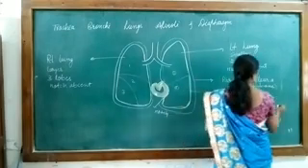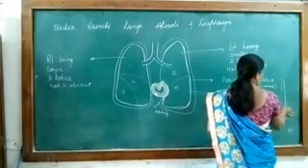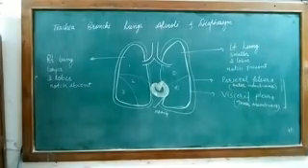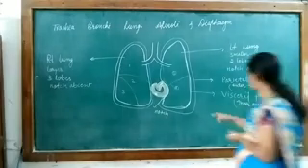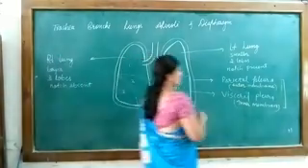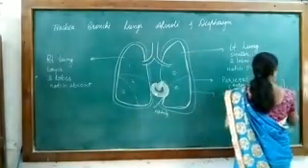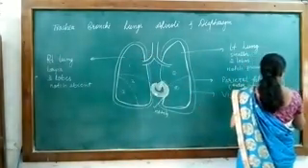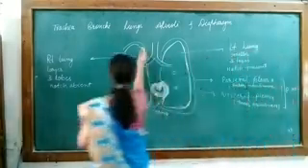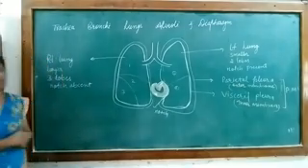Together, the parietal pleura and visceral pleura are called the pleural membrane, which surrounds the lungs.